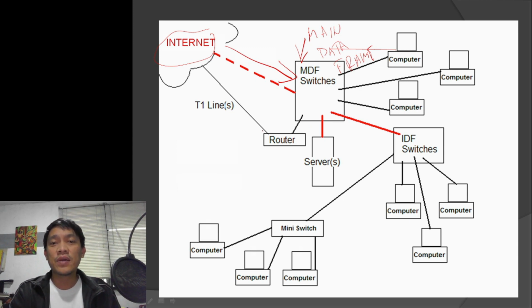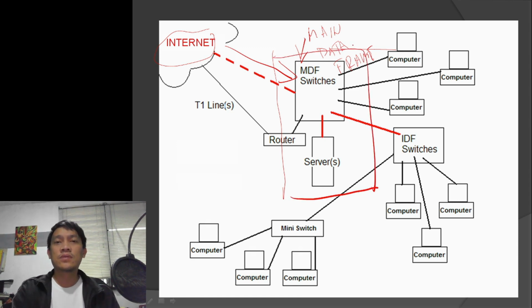So this may be located in the main office building. Or main distribution frame. So this is your main data frame or main distribution frame.